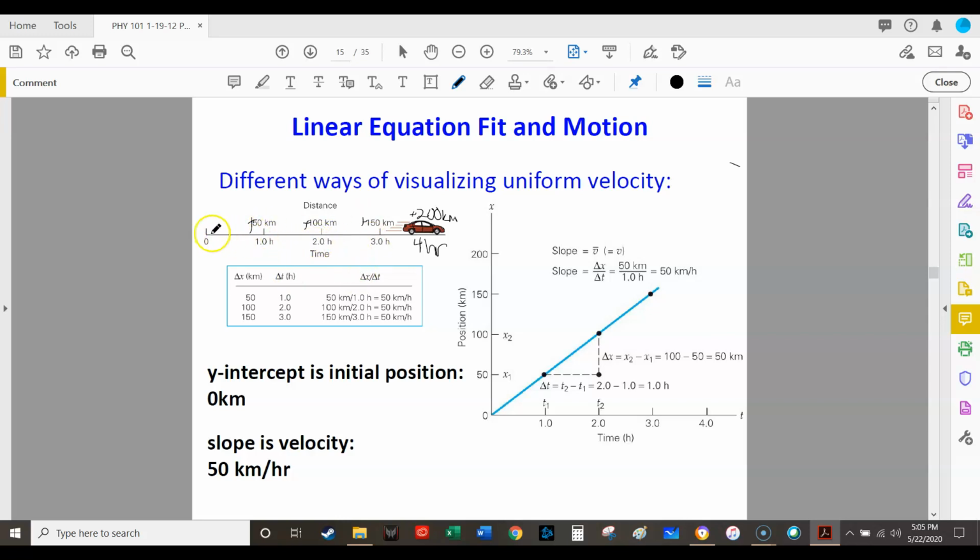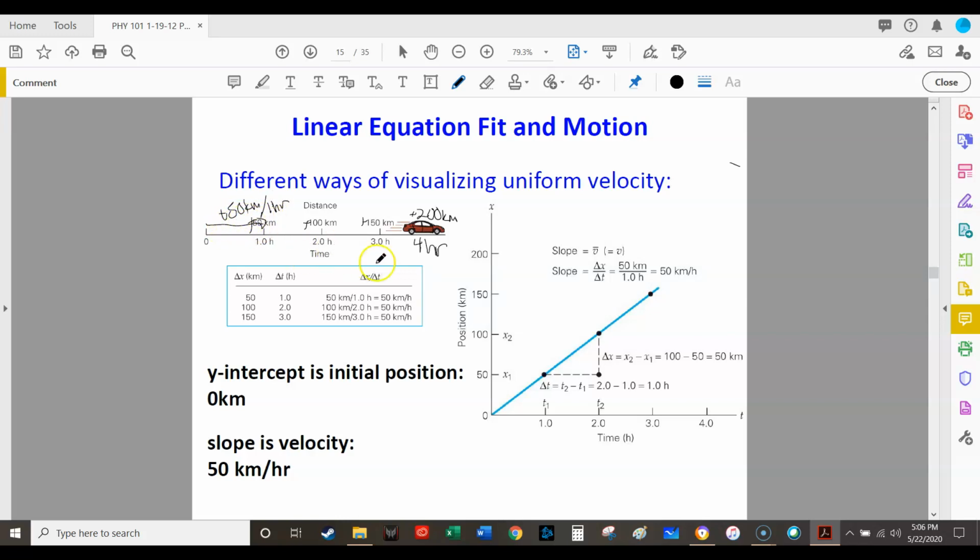So if you think about it, the velocity vectors, from this, in the first hour, from the 0 to 1 hour mark, it moved a distance of positive 50 kilometers over the period of that 1 hour.